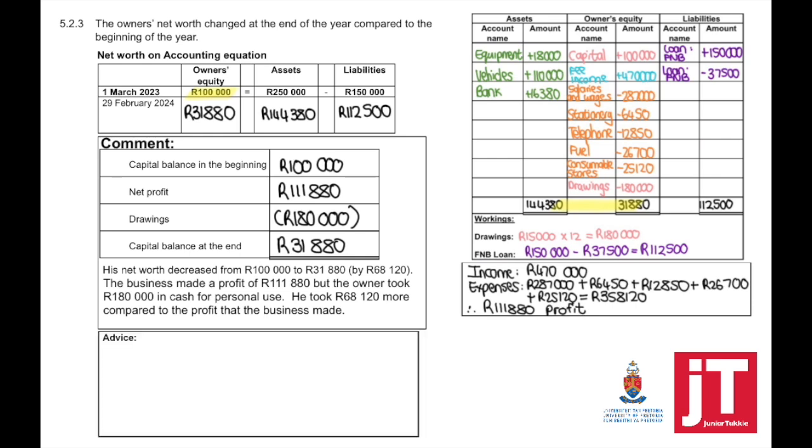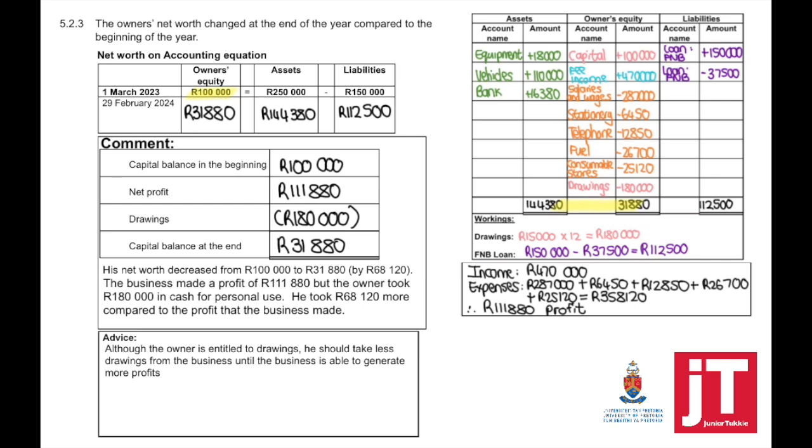So now the next part of the question is we need to give advice. We've seen now that the owner has taken much from the business and is entitled to take from the business. So when we give advice, we need to say, although the owner is entitled to drawings, he should take less drawings from the business until the business is able to generate more profits.